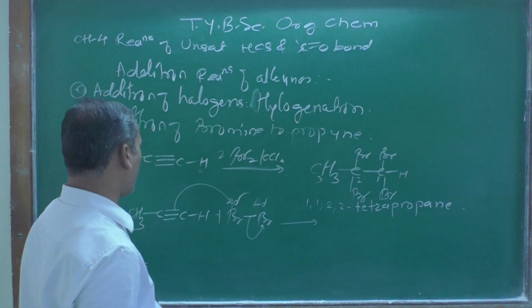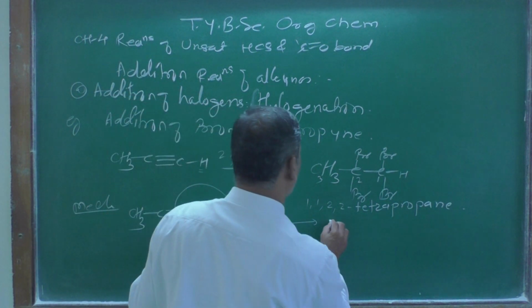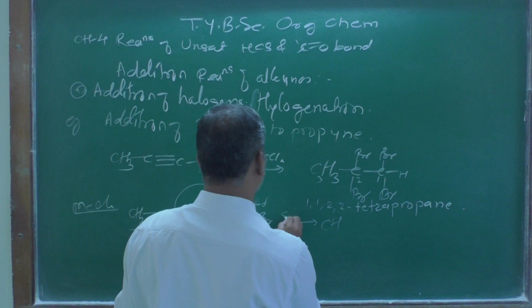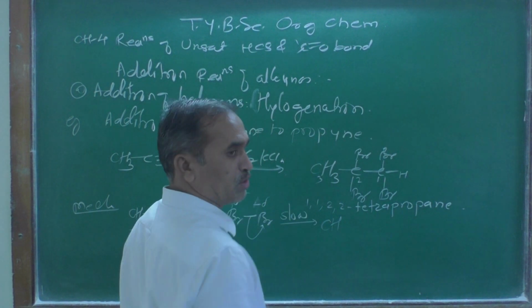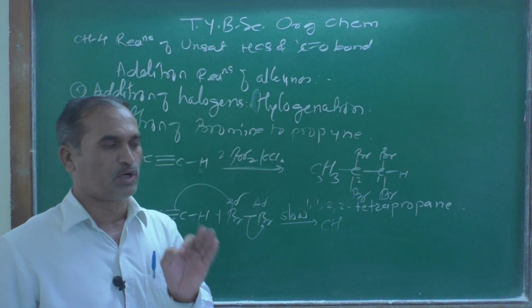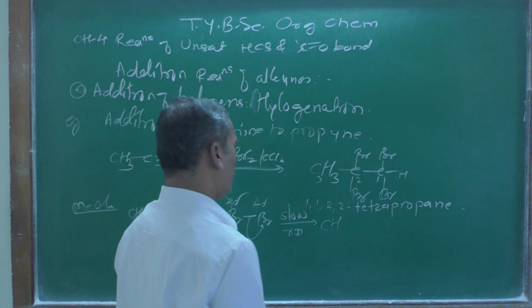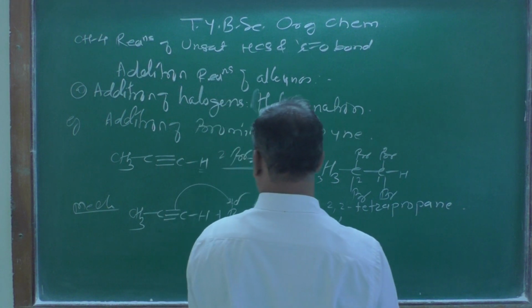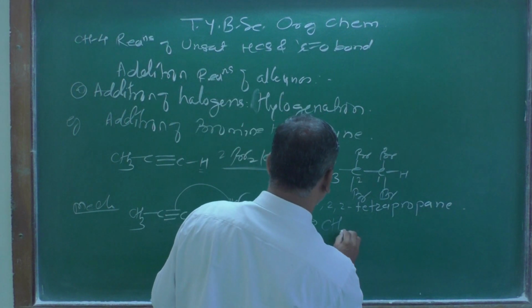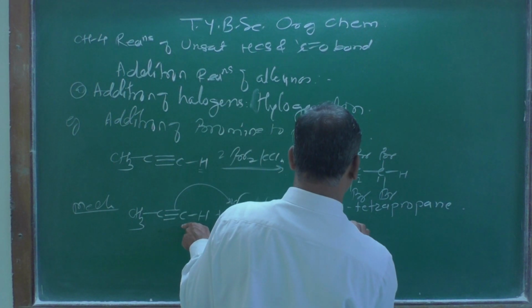Now what is going to happen? As we know, the triple bond acts as a source of electrons and it is going to attack this bromine atom. The other bromine departs like this. The first step is a slow step, and the slow step is known as the rate determining step, RDS. According to that, what do you get here?